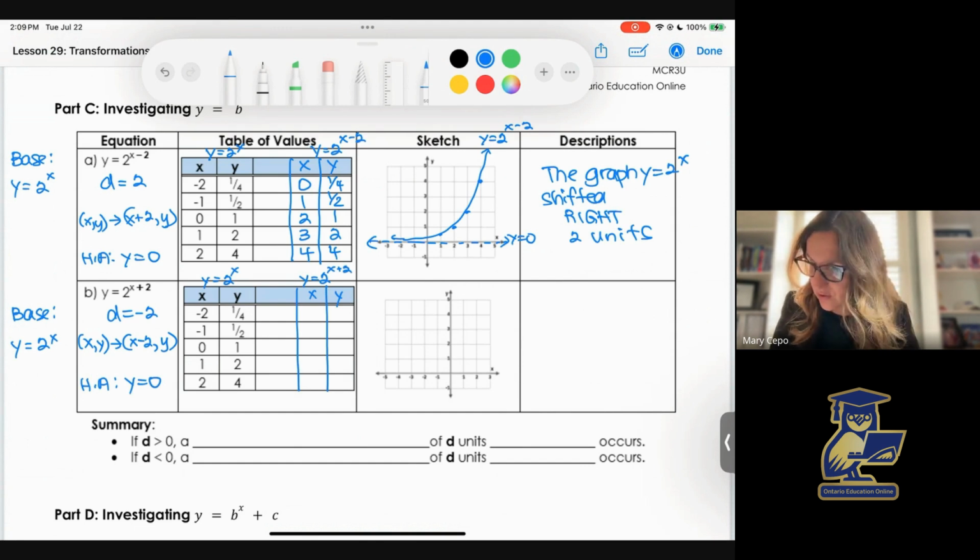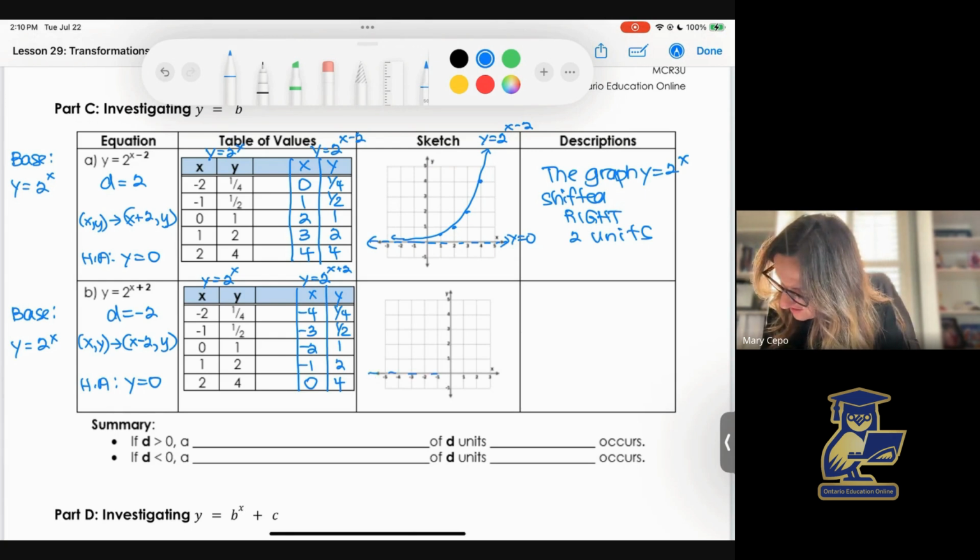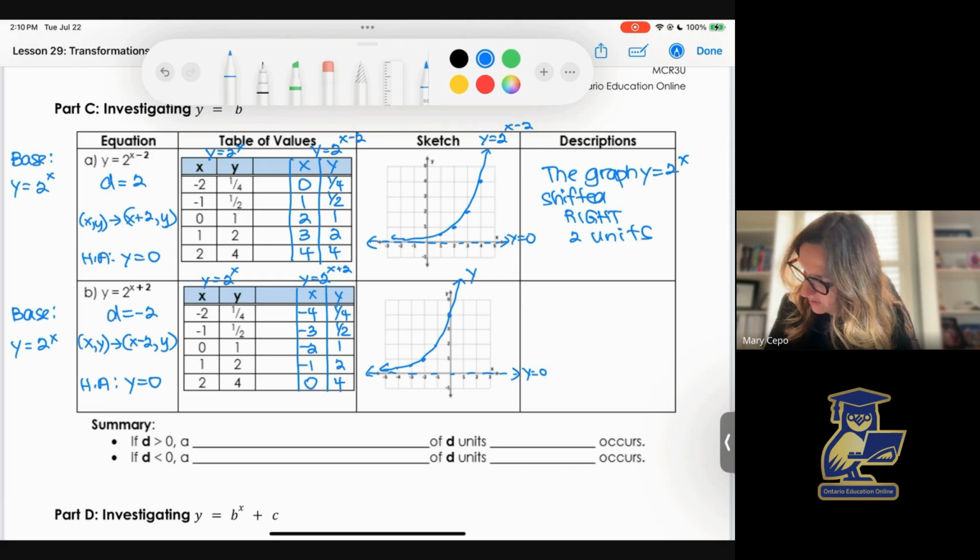So -2 minus 2 is -4, -1 minus 2 is -3, then -2, -1, and 0. And of course, the y coordinates remain the same. So again, always start with that horizontal asymptote. At -4 we're at 1/4, at -3 we're at 1/2, at -2 we're at 1, at -1 we're at 2, and at 0 we're at 4. And this is y is equal to 2 to the power of x plus 2.